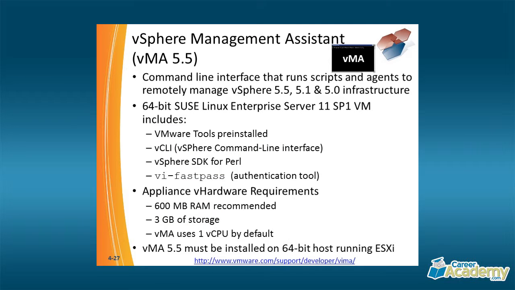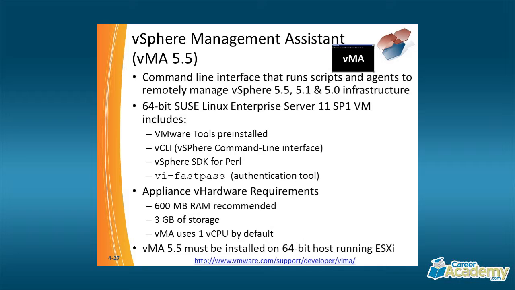We also mentioned that there is something called the vSphere Management Assistant. It is a standalone appliance. Now, the word appliance has many meanings in the real world, but from VMware speak, an appliance is nothing more than a self-contained VM that has a specific purpose. In this case, it's a free downloadable self-contained VM from VMware. It's running SUSE Linux Enterprise Edition.